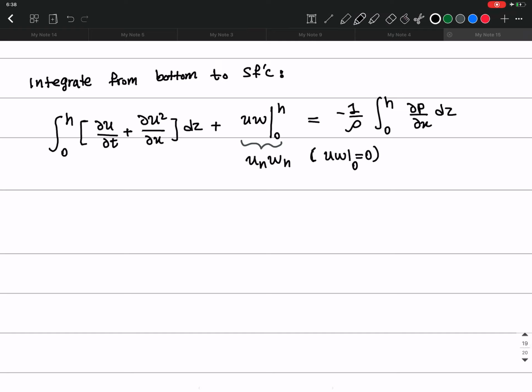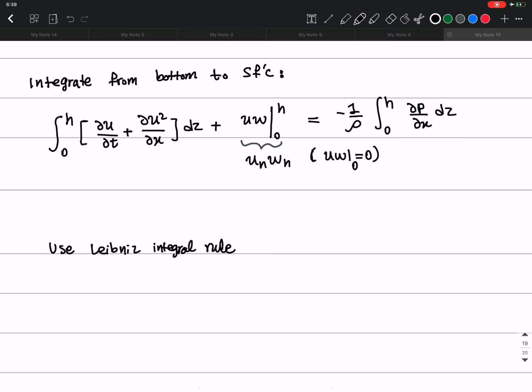So now, what I'm going to do is, for the first term, I'm going to use Leibniz rule, the integral rule, to bring the differentiation out of the integral.